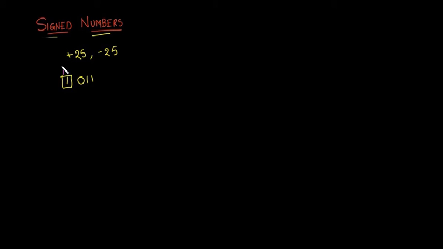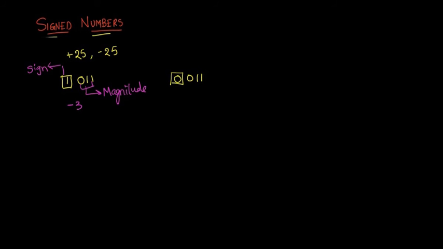This 1 is the sign bit, and this is the magnitude. This number represents minus 3, and if you want to represent a positive 3, in place of 1 we write a 0: 0 0 1 1.